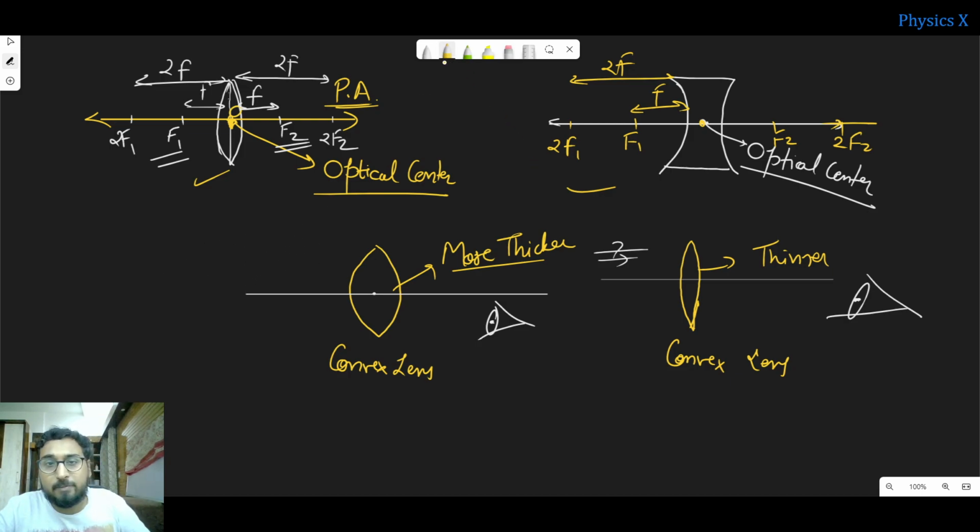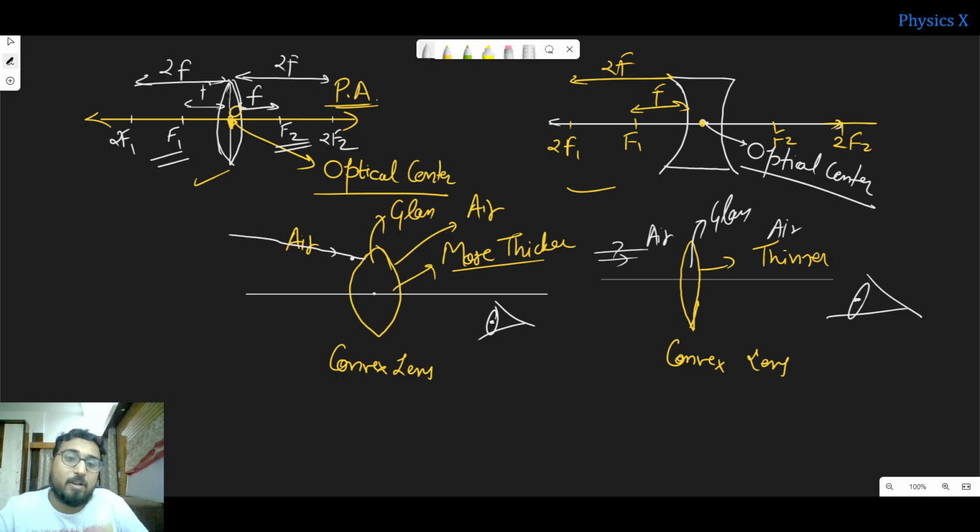This is air, this lens is made of glass, and again here it is air. So the ray of light will travel from air into glass, get refracted, travel again into air, get refracted again. That is the path it will be following.